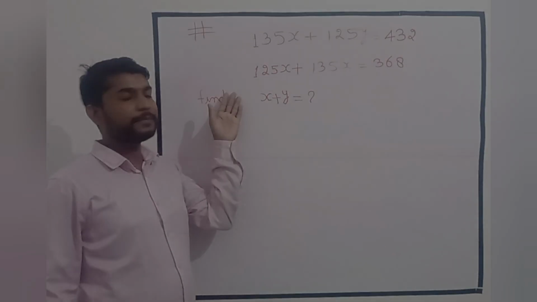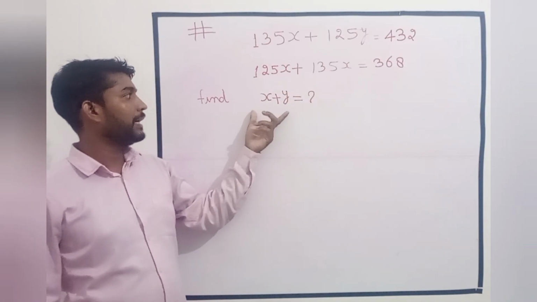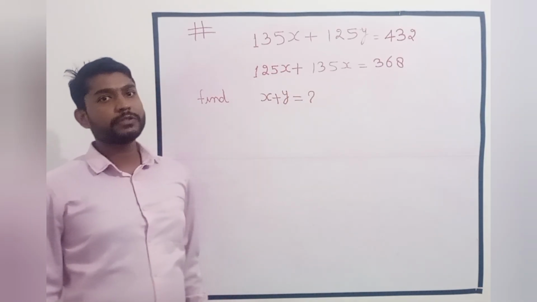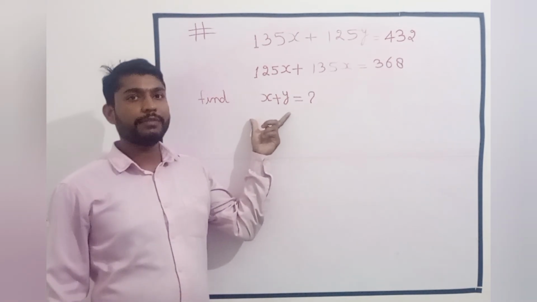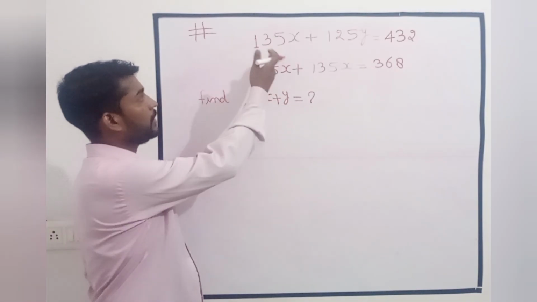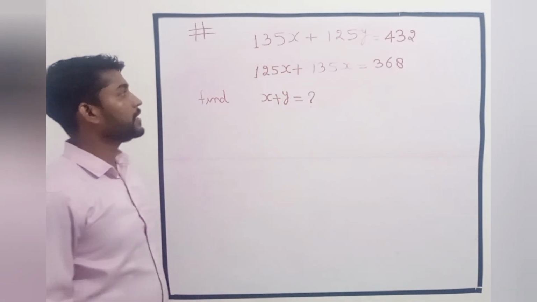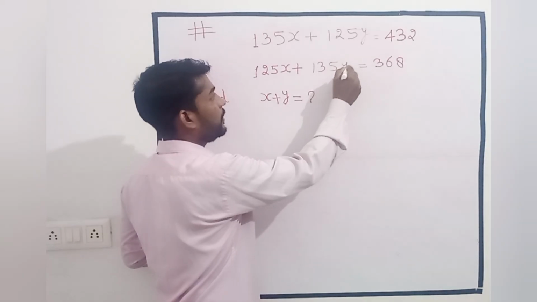And we have two equations in the form of x and y, and we have to calculate x plus y. In this equation they are linear equations in two variables, and we have to calculate the value of x plus y. And if you equate the coefficients of these equations, it is impossible to solve and it is very complicated.